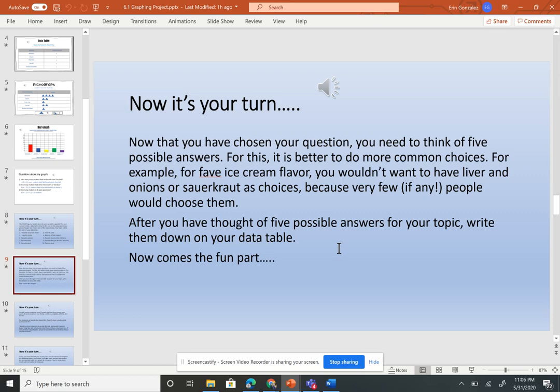So if you said favorite ice cream, you can go with vanilla, chocolate, strawberry, cookies and cream, and other. Now, other means it's not going to be vanilla, chocolate, strawberry, cookies and cream. Other is going to be the one that I did not name.